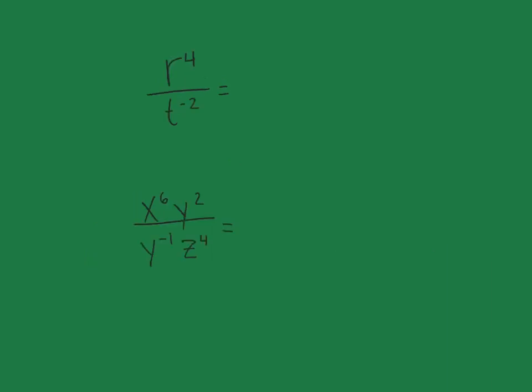Okay, so here are a couple more examples of this rule. So first we have r to the power of 4 divided by t to the power of negative 2. So what we can do is, this is similar to the trick I was saying before, where if you have a negative exponent on the top of the fraction, to make it a positive exponent, you bring it down to the bottom. Well, the same is true in reverse.